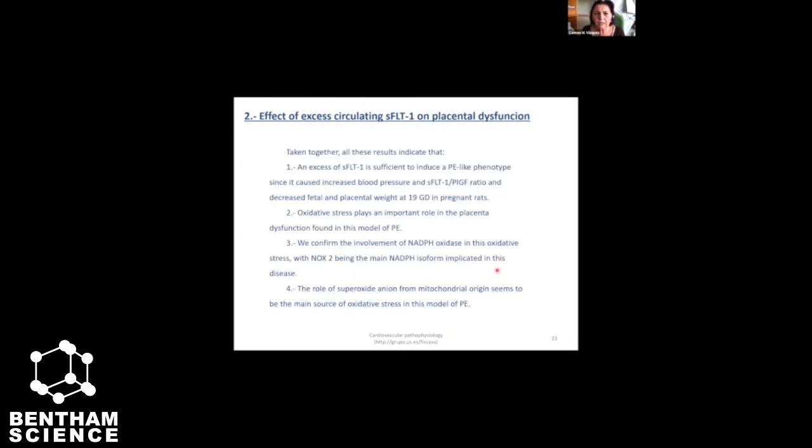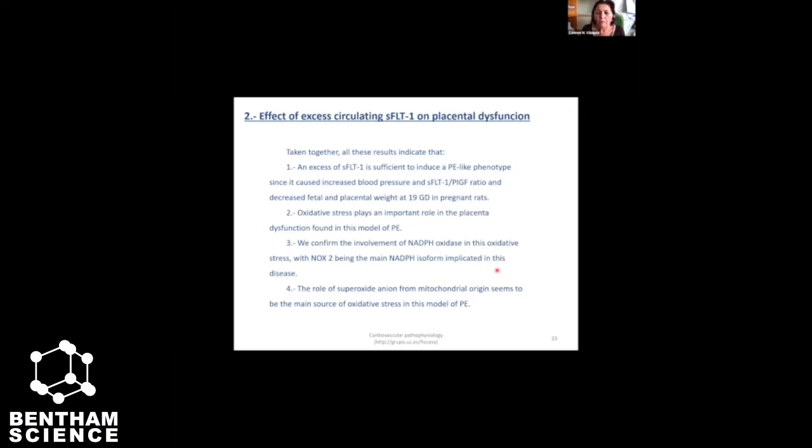So, taken together, all these results indicate, first, that an excess of sFlt-1 is sufficient to induce a preeclampsia-like phenotype, since it caused increased blood pressure and sFlt-1/PlGF ratio, and decreased fetal and placental weight at 19 days of gestation in pregnant rats. Second, oxidative stress plays an important role in the placental dysfunction found in this model of preeclampsia.